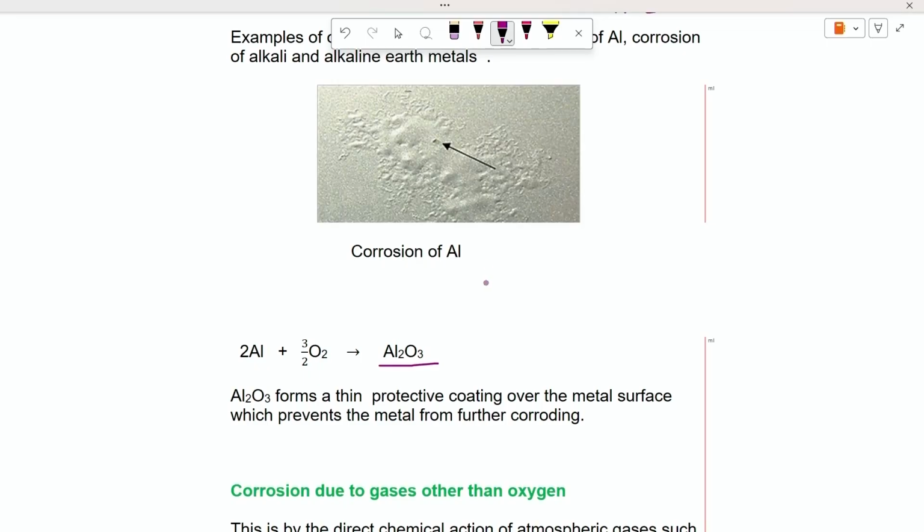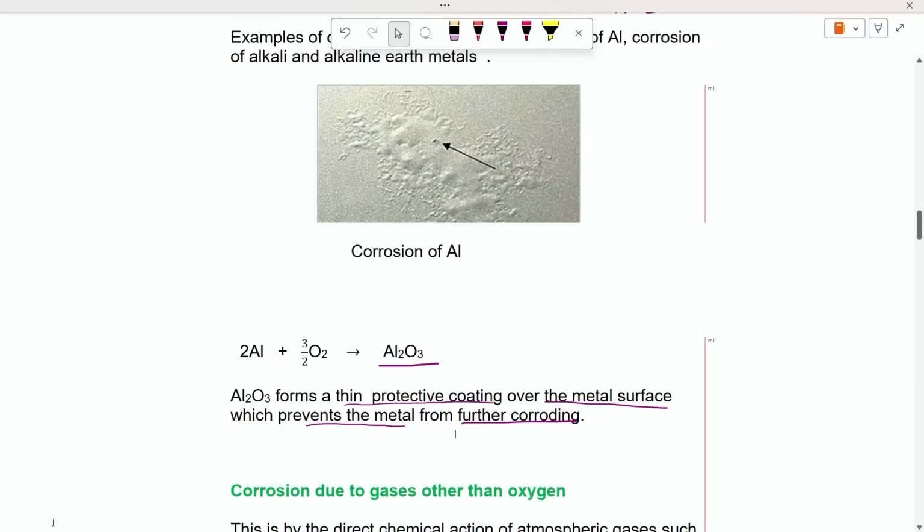As long as we do not remove the top layer, the rest of the aluminum is safe and remains uncorroded. Aluminum oxide forms a thin protective coating over the aluminum metal surface, which prevents the metal from further corroding. So, it is acting as a protective layer.